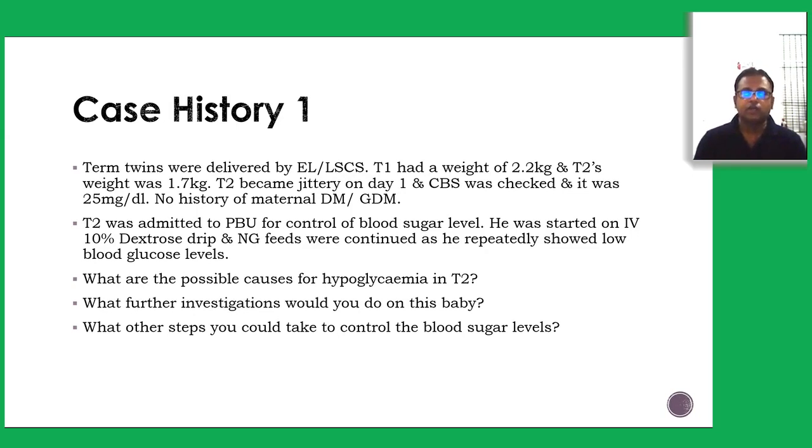But if you are giving higher concentrations, you need a central access or umbilical line, right? Apart from that, there are other drugs we can use, like hydrocortisone, glucagon, and so on. We'll discuss those later.